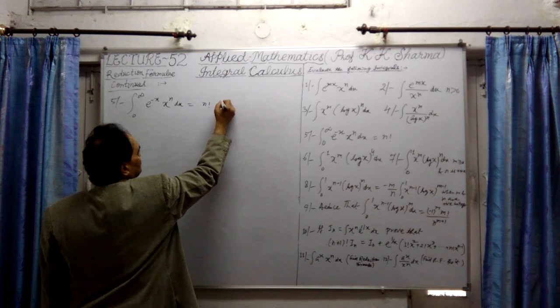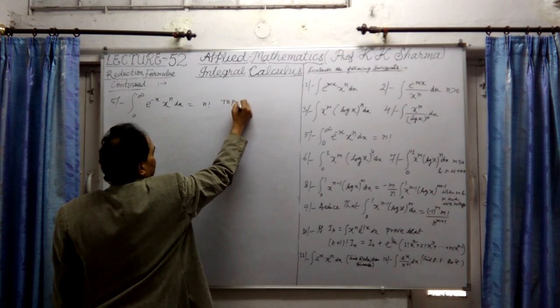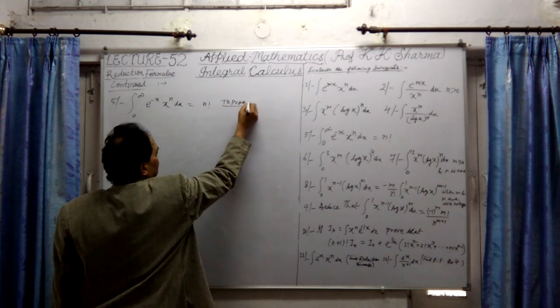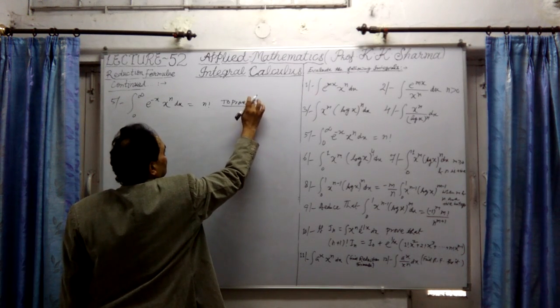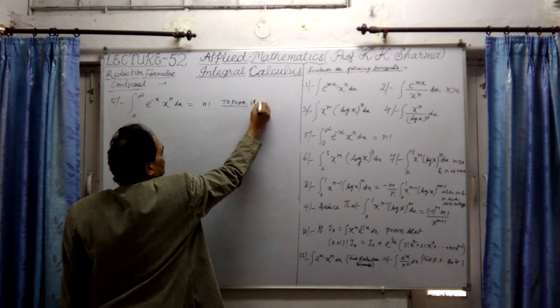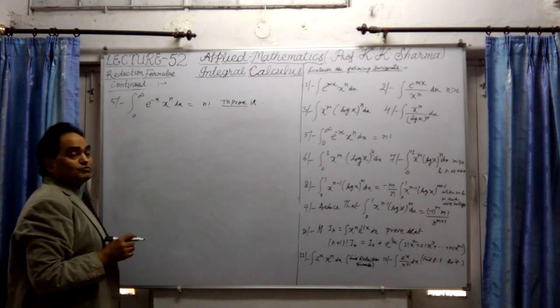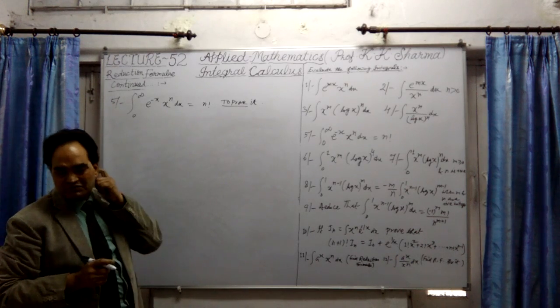This is to prove it. So we have to prove that this value is factorial n.